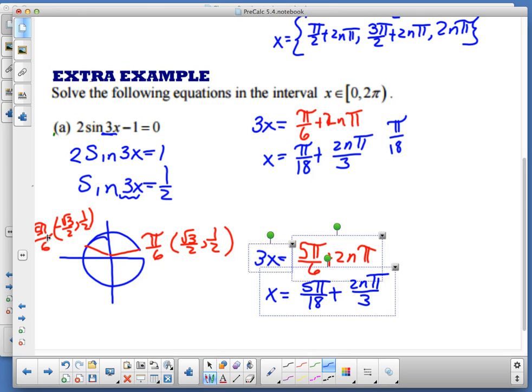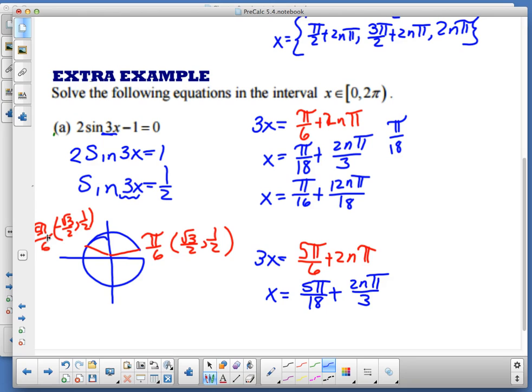So let's just get things right here. This is pi over 18. This is the same as adding 12 pi over 18s. And this is the same as 5 pi over 18 plus 12 pi over 18. So I'm going to add versions of 12 to the problem.